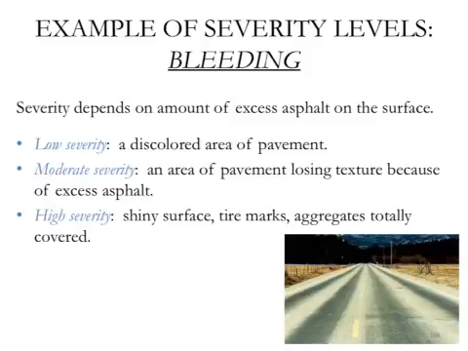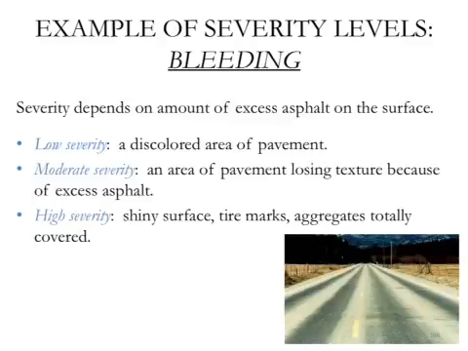How about bleeding? Here the severity depends on the amount of excess asphalt on the surface. For example, if you look at this picture of bleeding, you could see that we can have a low severity, which is a discolored area of pavement; moderate severity, which is an area of pavement losing texture simply because of excess asphalt; or high severity, which is the extreme of having a shiny surface.